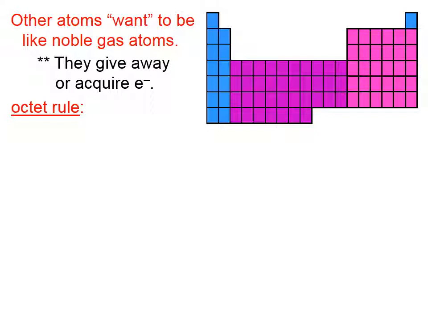Now, an atom can't become a noble gas atom because it doesn't have the right number of protons, and the number of protons in regular chemistry can't be touched. But other atoms can try to become similar to noble gases by either giving away or acquiring electrons.